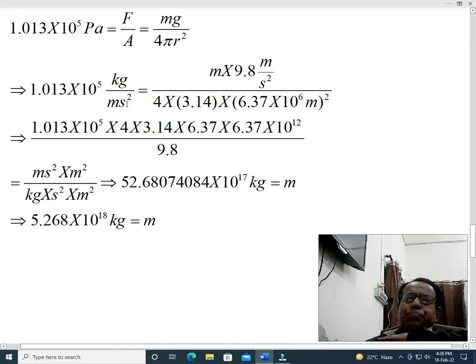Okay. So we will get the value of mass m equal to 5.268 into 10 raised to the power 18 kilogram. Okay.